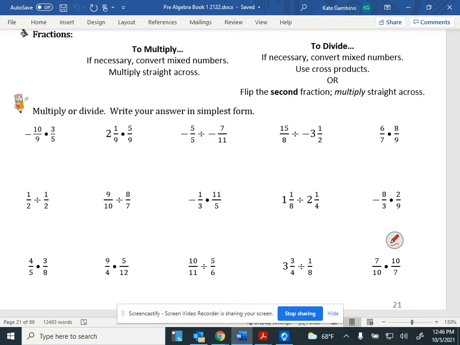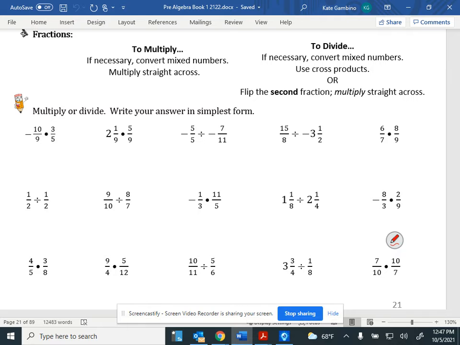Then flip the second fraction, so you find the reciprocal, and multiply across. You can always find cross products to simplify before you multiply. So you can simplify first and then multiply, so you don't have to simplify at the end.